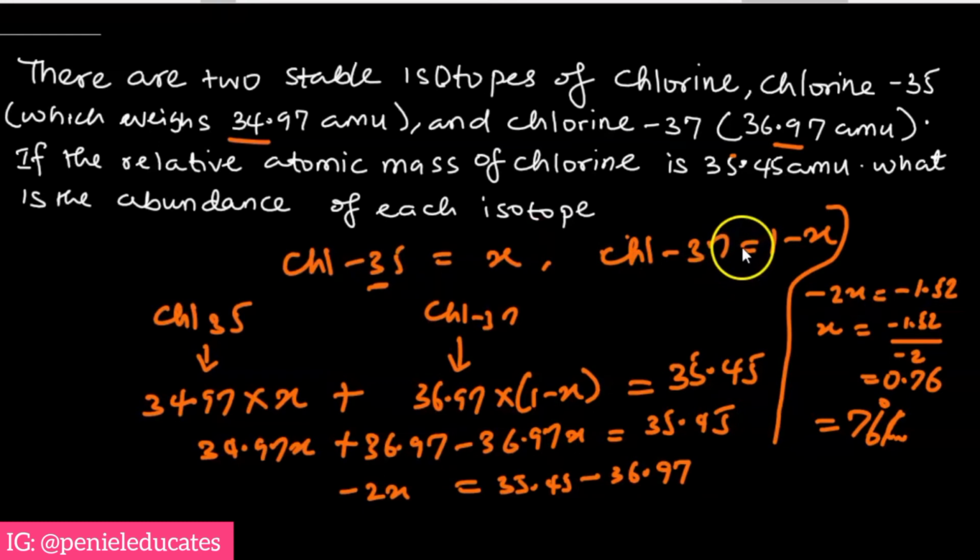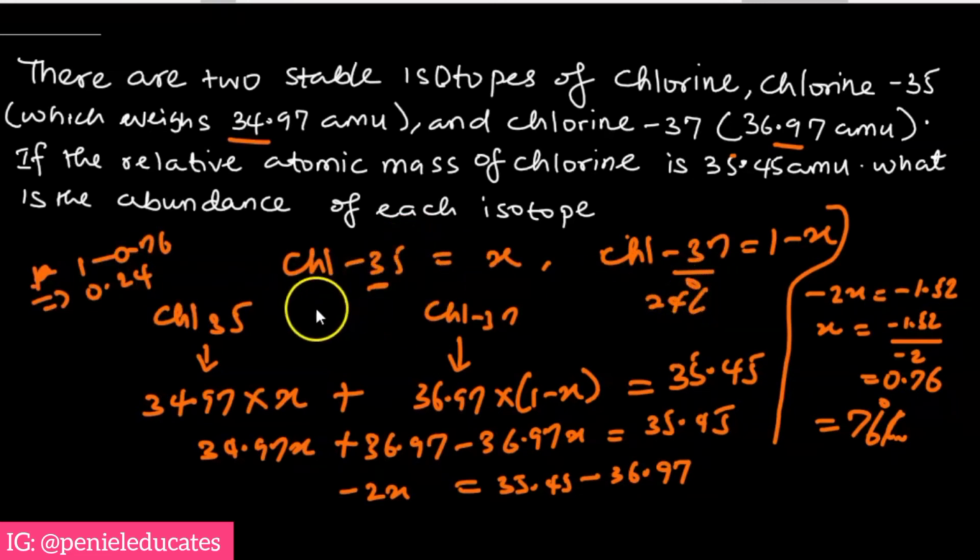So if you calculate 1 minus x, if this is 76%, then definitely this one will be 24%, because 1 minus 0.76 gives you 0.24, which is 24% of this particular isotope.